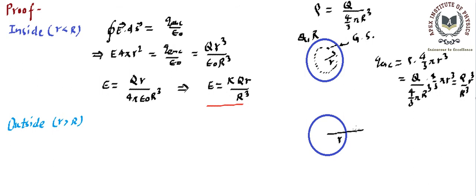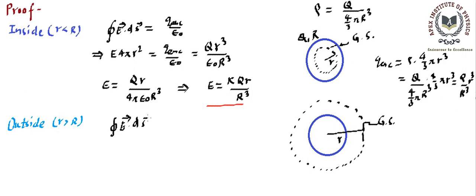We have understood the symmetrical Gaussian surface is going to be spherical, so this is the spherical surface that we are considering, this is our Gaussian surface. We will perform Gauss law, which is integration E dot ds, equal to Q enclosed upon epsilon naught.